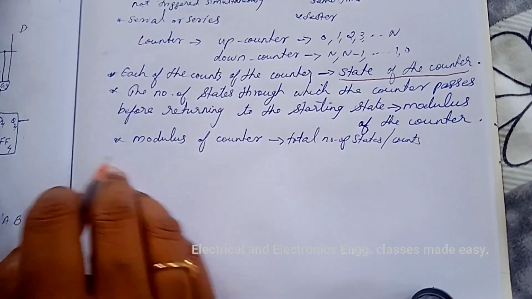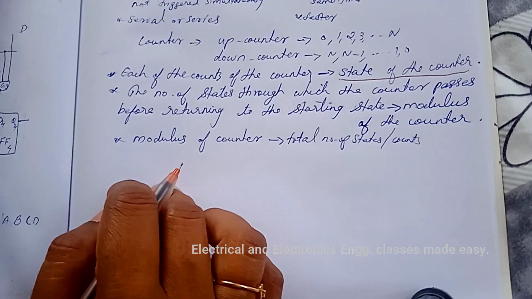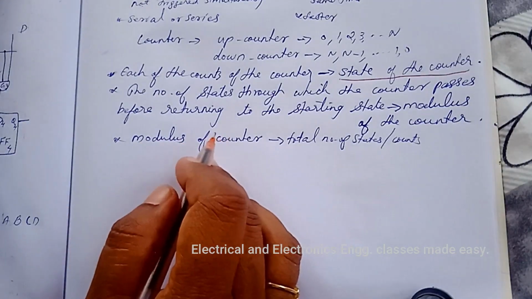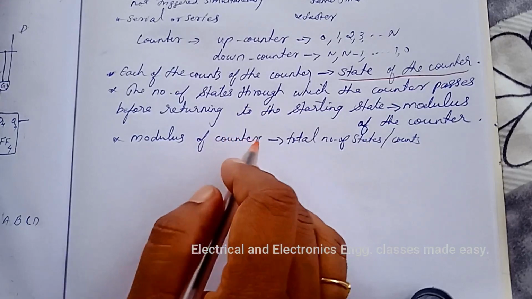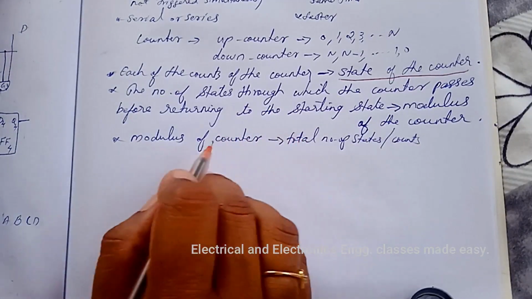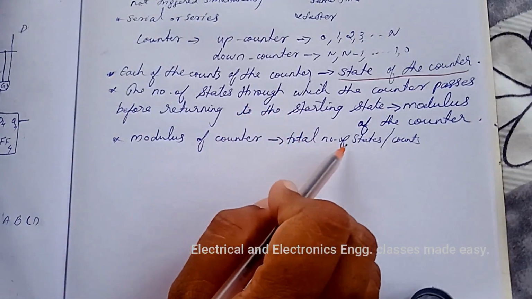And the number of input pulses that causes the counter to reset to its initial count is called the modulus of the counter.